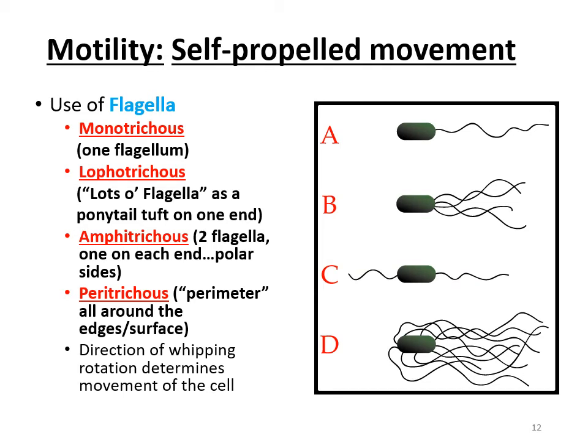And when you see peri, think perimeter, okay, because those bacteria have flagella all around the outer surface, the outer perimeter. And then no matter which one of these the bacteria uses, whether it's mono, lopho, amphi, or peri, they basically whip them around in order to propel their movement.